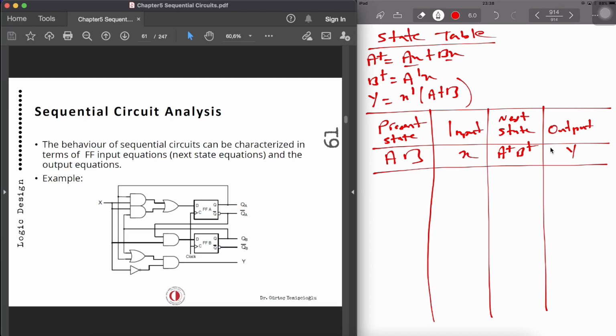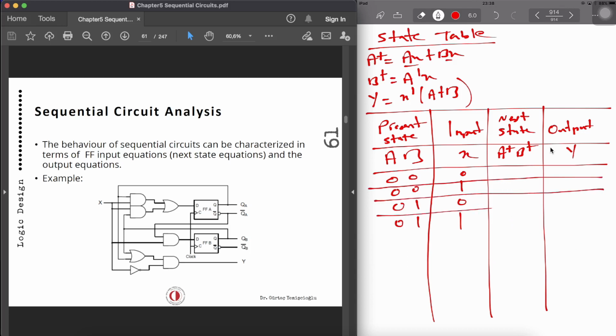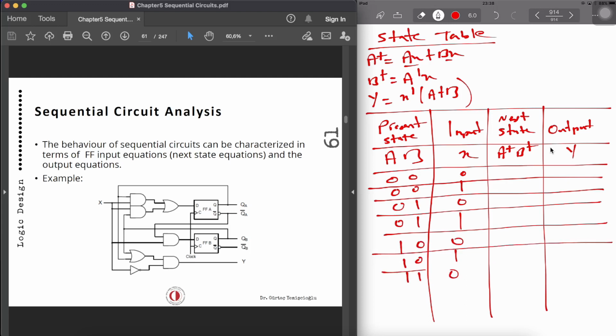So 3 inputs, 8 possible combinations: 000, 001, 010, 011, 100, 101, 110, 111.